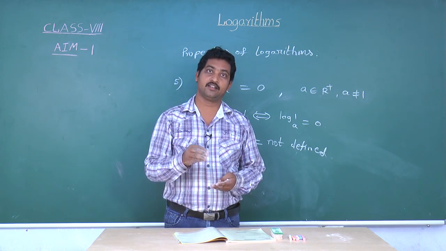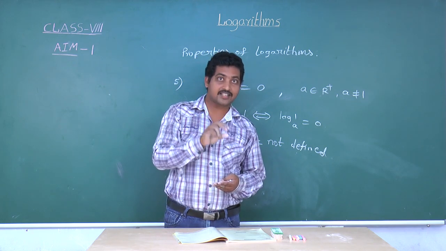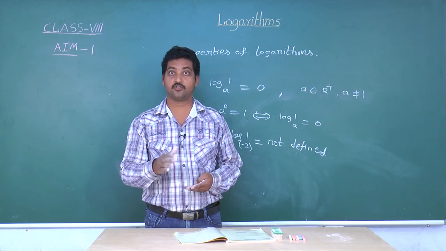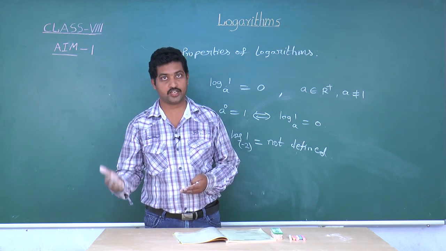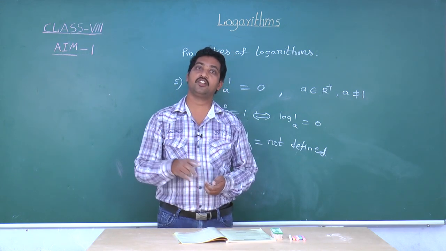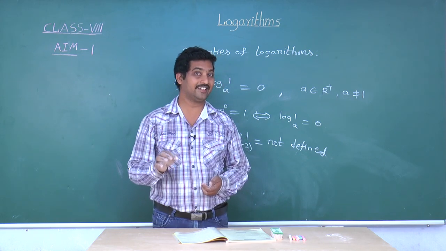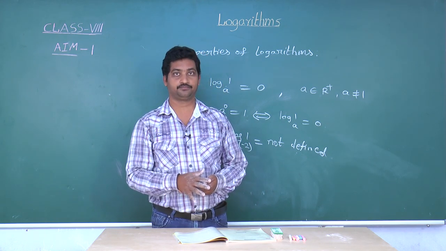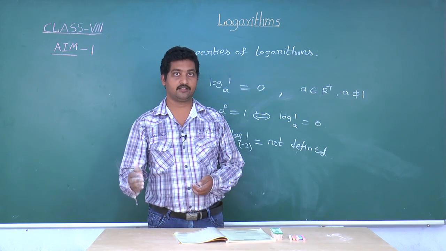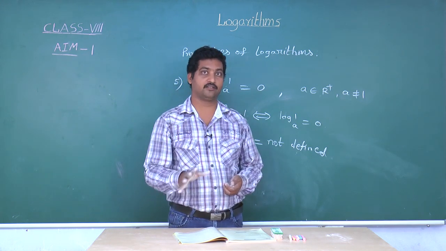Fourth: logarithm of any number with that number as the base is equal to 1, where that base should be restricted, positive real number and not equal to 1 also. Last property: logarithm of unity with any base. That base should be in the restricted domain of the logarithm. Base should not be negative, should not be non-positive, and should not be 1.